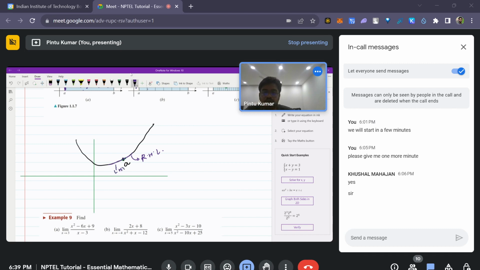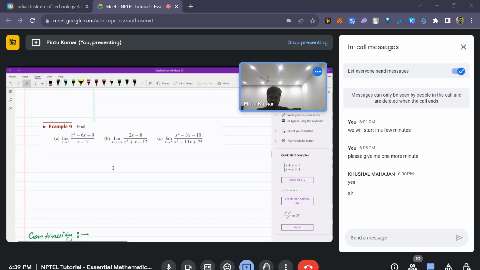If both this left hand limit and right hand limit are equal, then we say that the limit exists at A. So if you are very close to A, then you are certain that you will have some value for that function. This is the idea behind limit. Now we have these three questions that we have to solve.